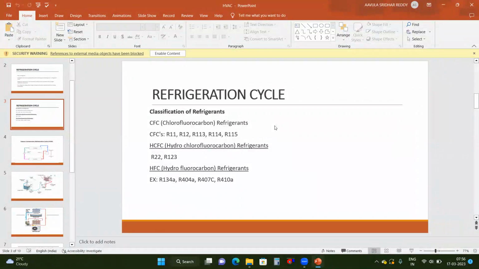These are the hydrofluorocarbon refrigerants used in the current industry. So these are the different types of refrigerants. R is nothing but refrigerant, and the number, like 22, 123, 11, is the code given for each refrigerant.